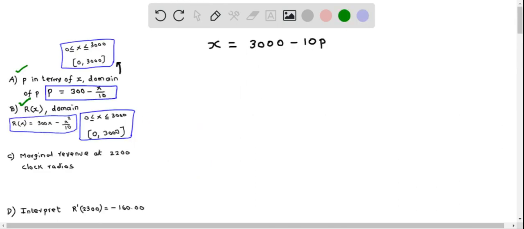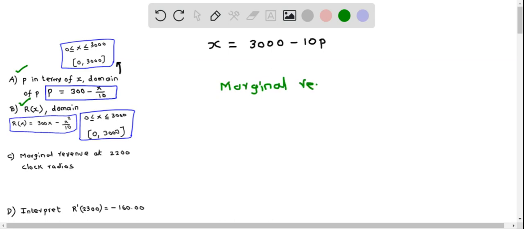Let's answer part C. Here we determine the marginal revenue at 2200 clock radios. First we write down the expression for marginal revenue. Marginal revenue is basically the derivative of the revenue function.